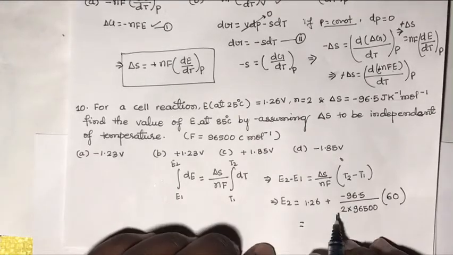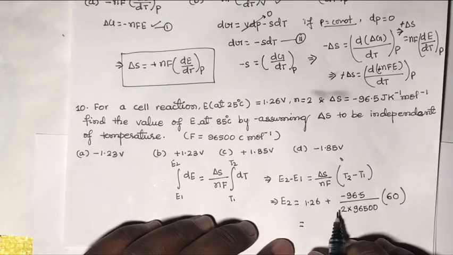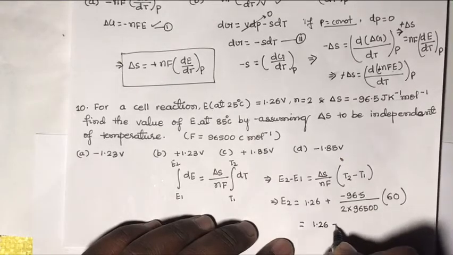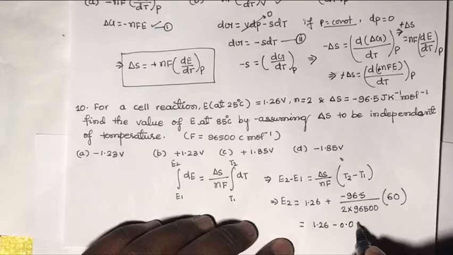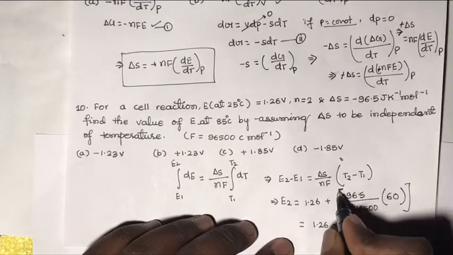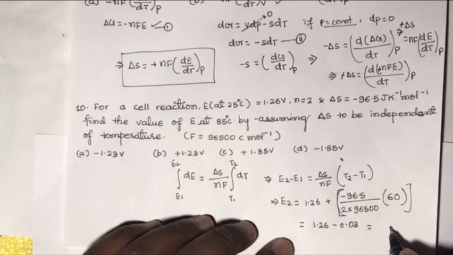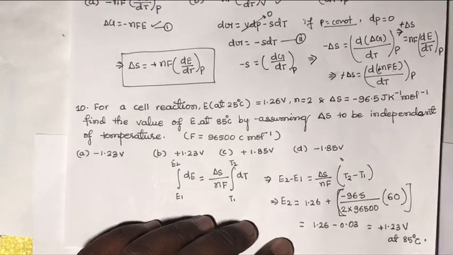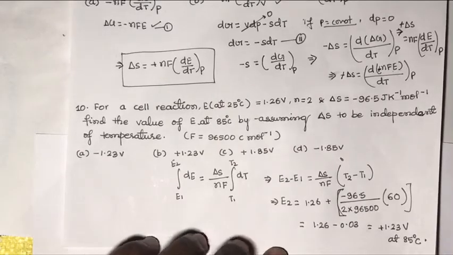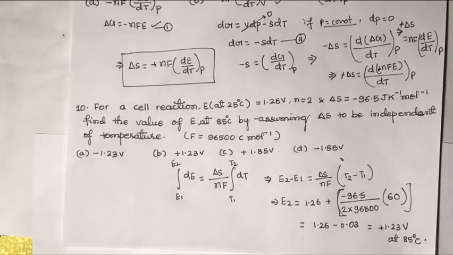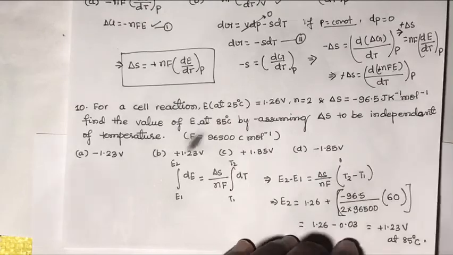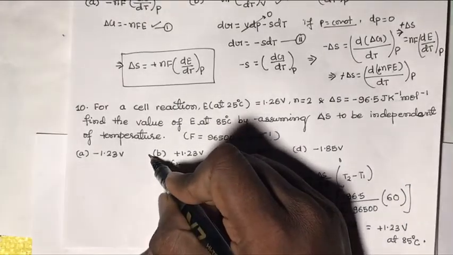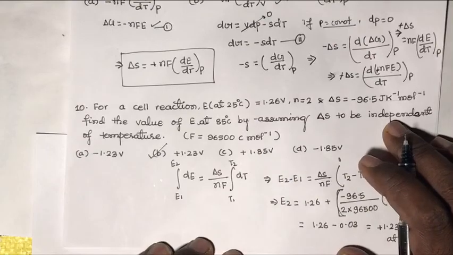Now simply we have to find the value of this expression, and if you find, this will be 1.26 and the whole expression will be equal to negative 0.03, and the EMF will be equal to 1.23 volt at 85 degrees centigrade. So this is the new EMF of the cell at 85 degrees centigrade. So 1.23 volt, that is option B, is correct in this case. Thank you very much.